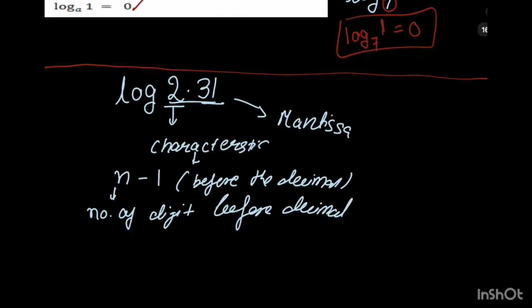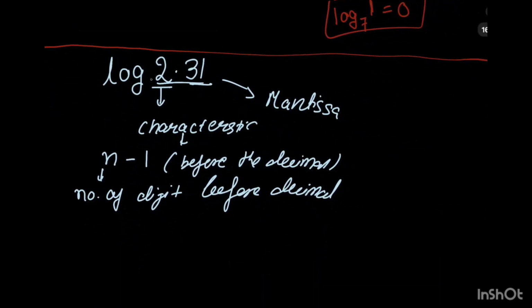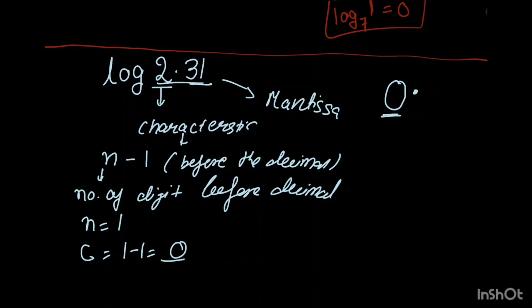As I can see in this question, I have 2 before the decimal point. So the value of n will be equal to 1 here and the characteristic will be equal to 1 minus 1, that is 0. So we can write the answer like 0 point something. Now this 0 is called the characteristic of the logarithm function.